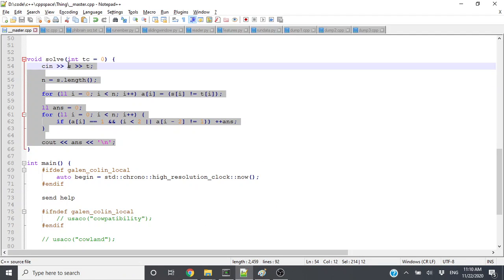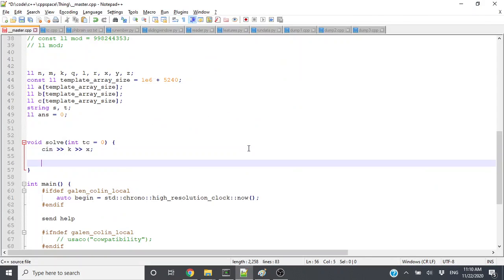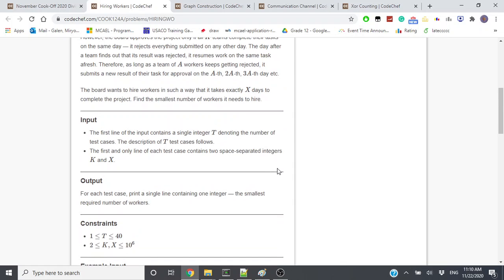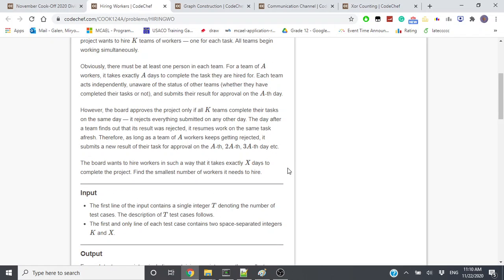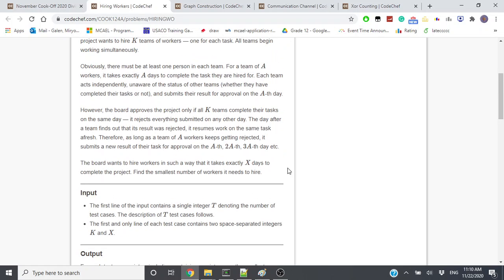So first, let's read in k and x. And you want k teams. So everything must be divisible by... LCM must be x.